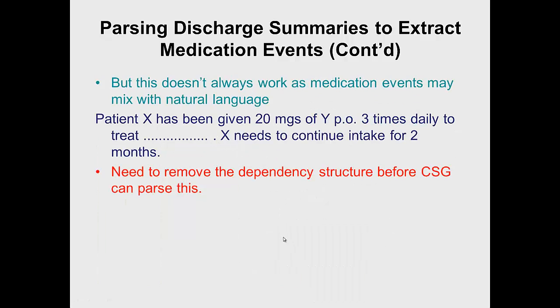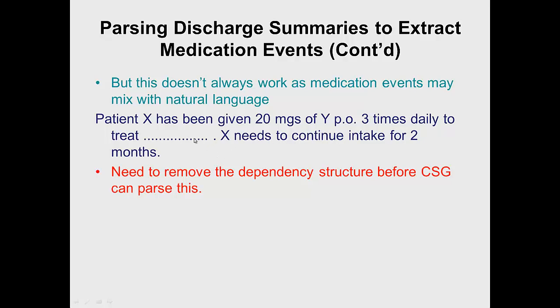However, things get more complex when you have the natural language mixed in with the medication event. For example: patient X has been given 20 milligrams of Y, PO 3 times daily to treat Z. X needs to continue intake for 2 months.